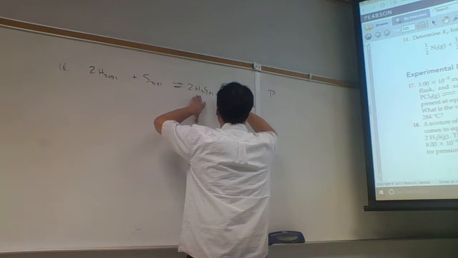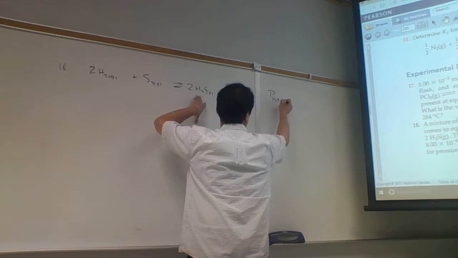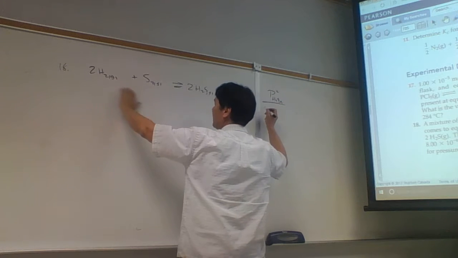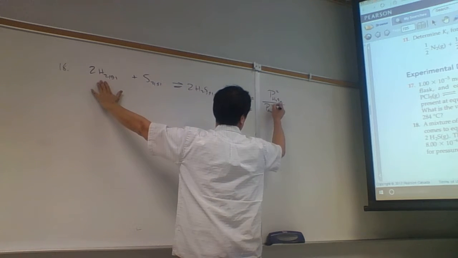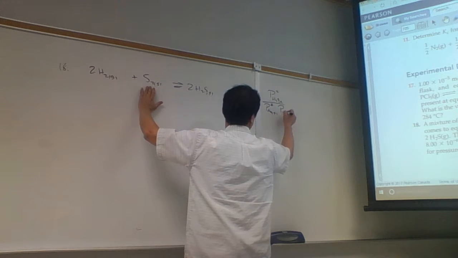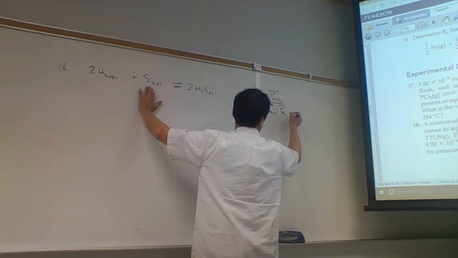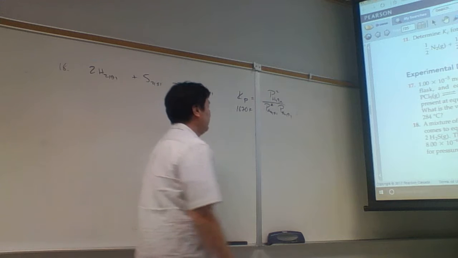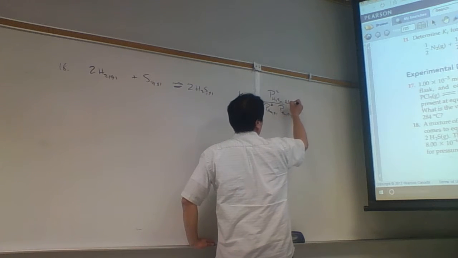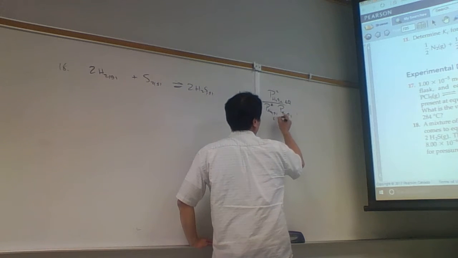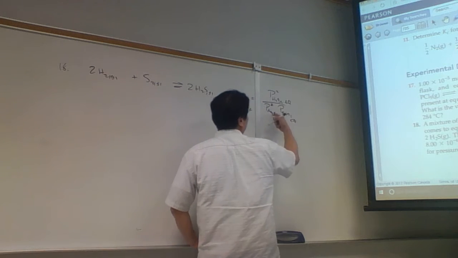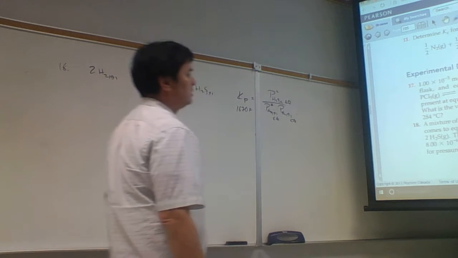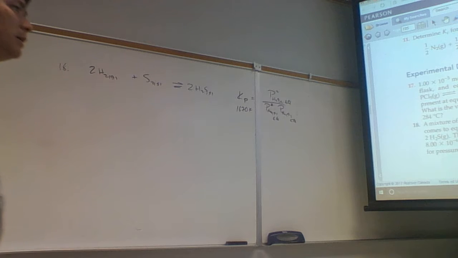This is going to be the ratio of the products, H2S gas squared, over the reactants, H2 gas squared times S2 gas, diatomic sulfur. And so what we need is the equilibrium pressures of each of these. If we know the equilibrium pressures, then we can just put those into this equation and solve for KP.